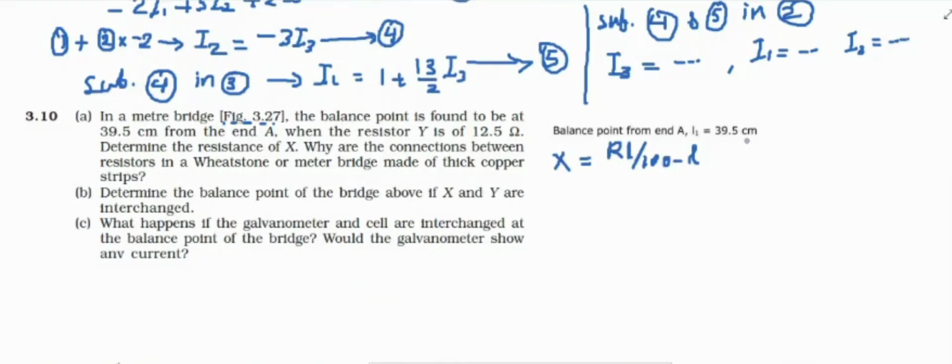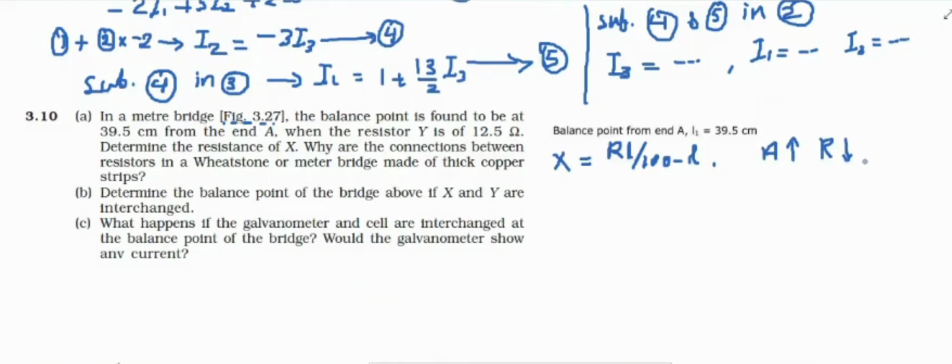Next, why are the connections between resistors in a Wheatstone or a meter bridge made up of thick copper strips? Thick copper strip means its area is high. When area increases, resistance decreases. If you use a thin wire, its cross-section area is less, so it has more resistance.